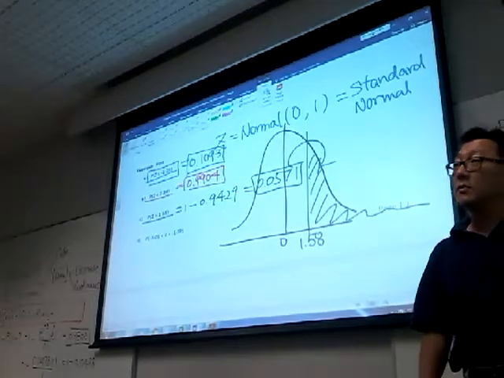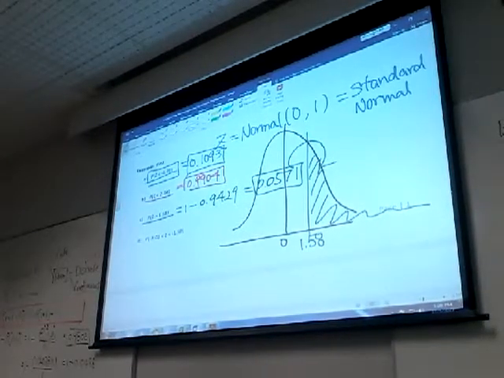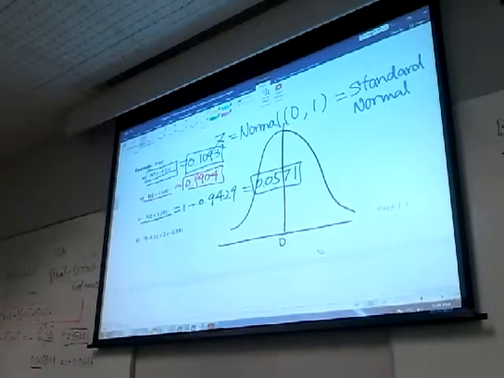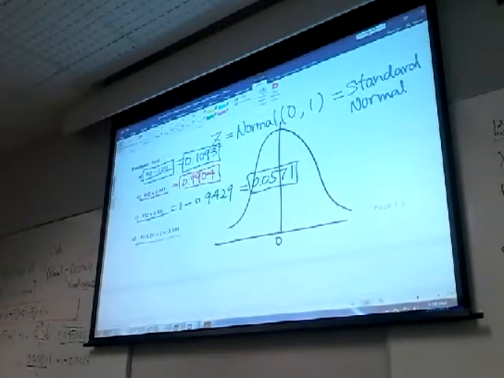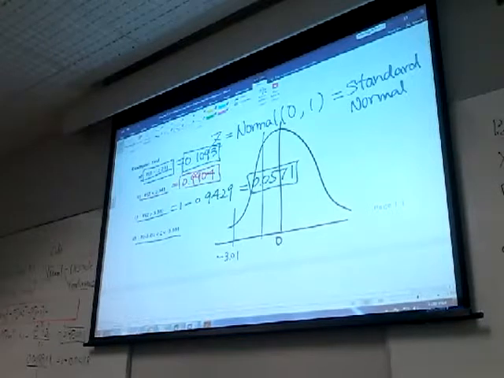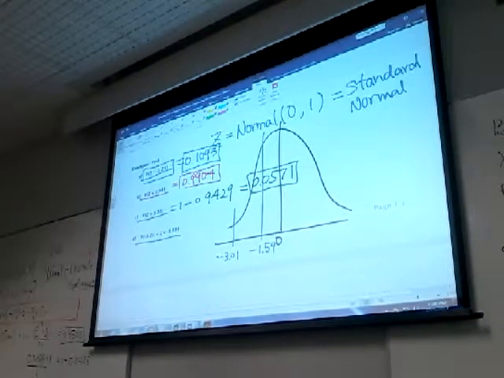Good? Okay, now part D. Let's do part D. Negative 3.01 and negative 1.59. We need a probability in the middle.